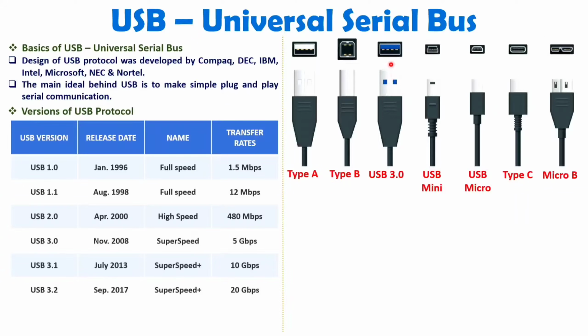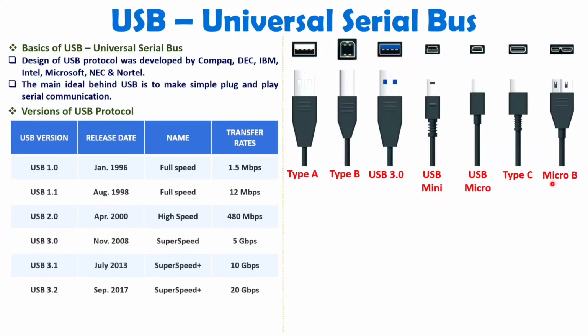If you observe this USB connector, it has a similar shape, but here we have a blue color strip, which explains we have USB 3.0. Here USB mini with type B and USB micro with type B have this type of shape, and we used them in some old phones. The majority of mobiles, tablets as well as computers have a type C connector, which has this type of shape.